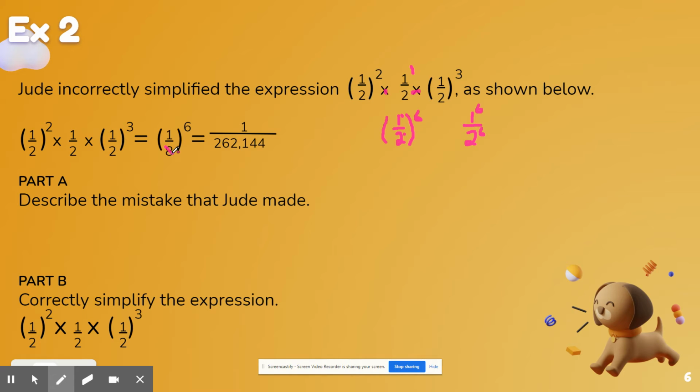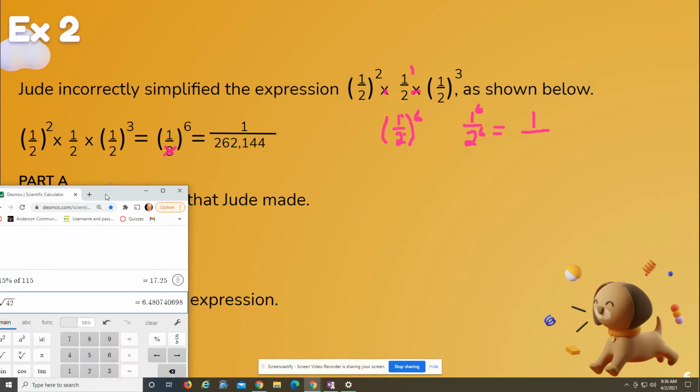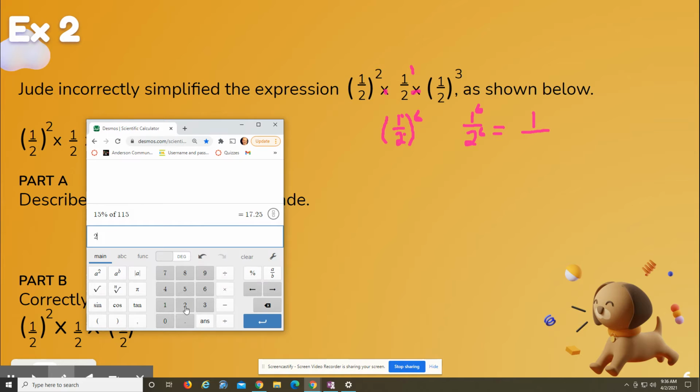We don't need the 8. We shouldn't have done that yet. So then when we go to do this, you could write, well, 1 times everything is going to be 1. So 1's going to stay the same. And then you could go to your calculator and you could do 2 to the 6th power is 64.